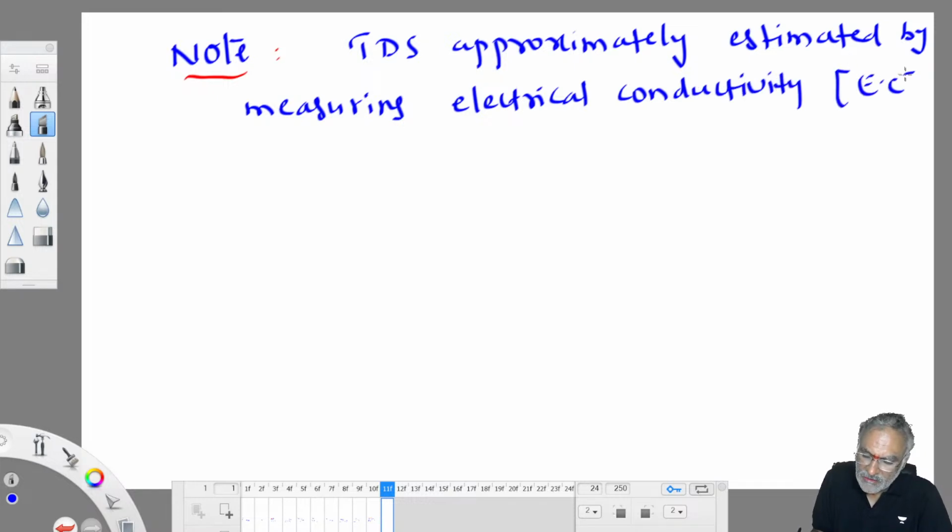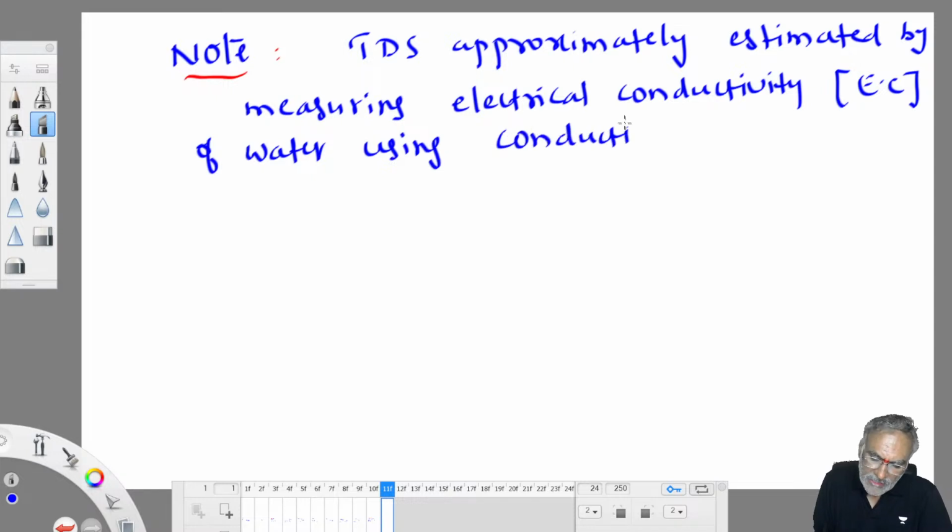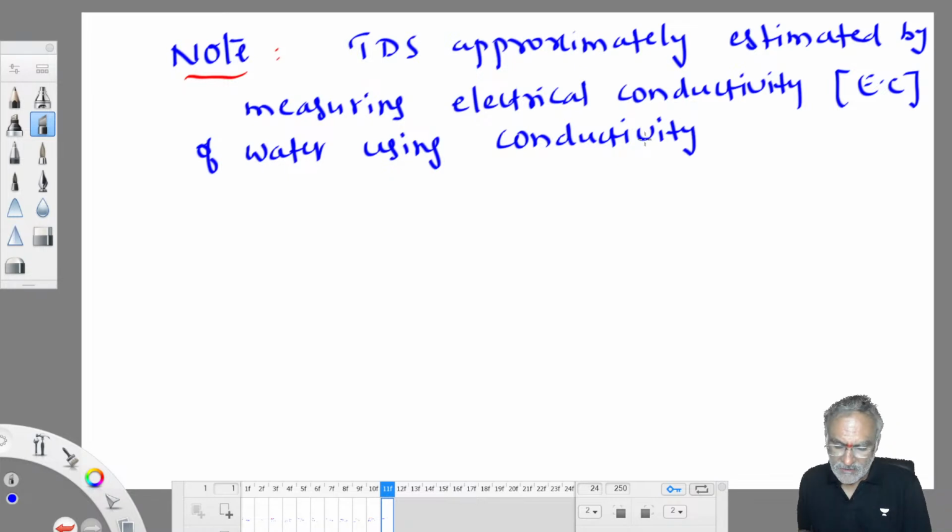We call it EC, using a conductivity meter. So there is another way of finding TDS quickly. Because for the exact method, only the crucible method works, and it takes 4 to 5 hours because you have to evaporate water. But this doesn't require that much time. Quickly you can work it out using a conductivity meter.